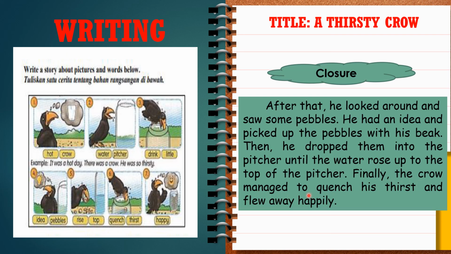Finally, the crow managed to quench his thirst and flew away happily. So this is what happened at the end of the story. Please copy the story in your module or in your exercise book.